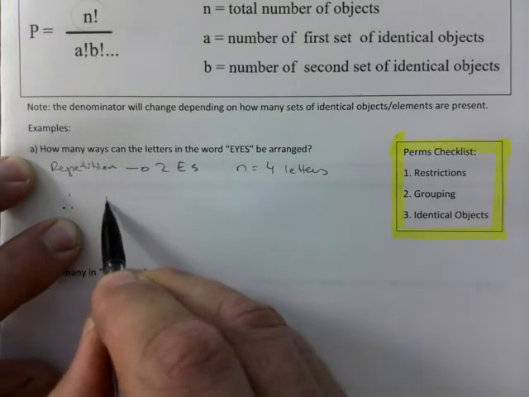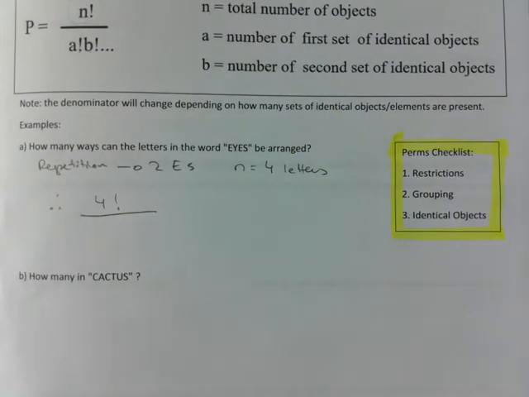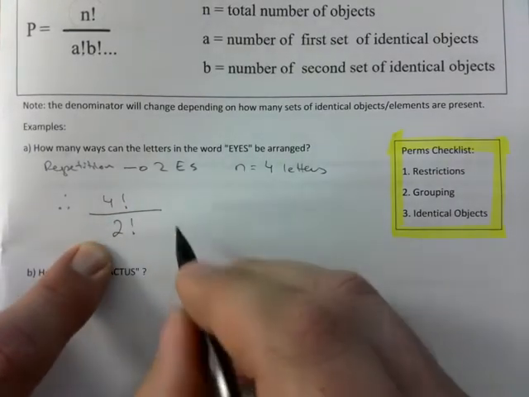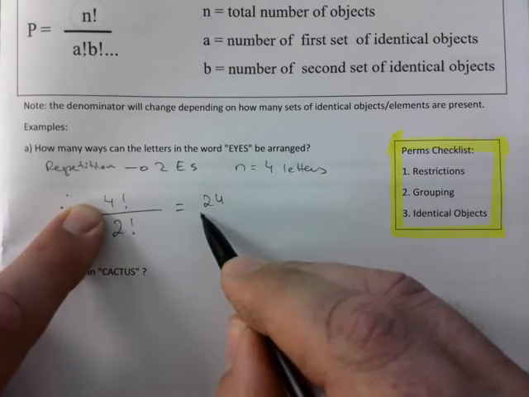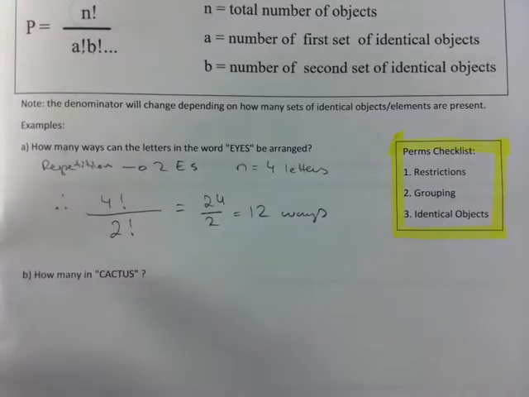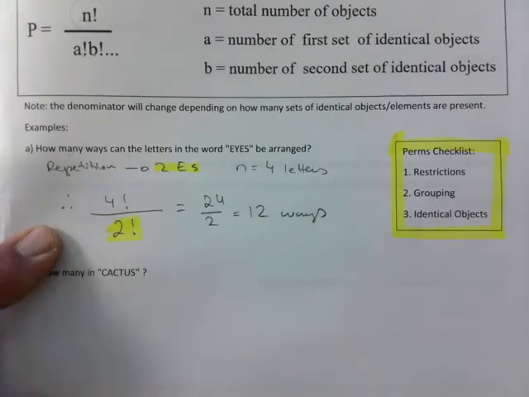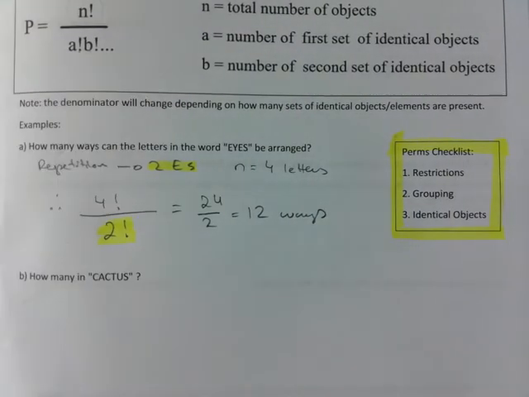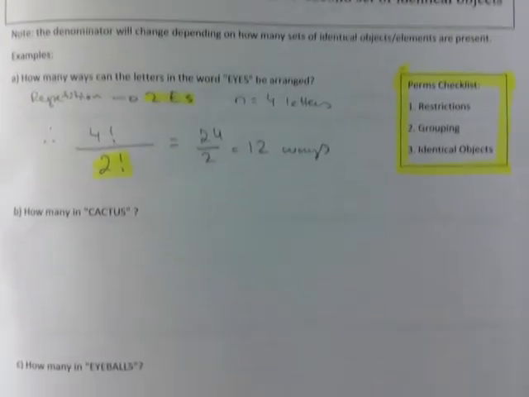Therefore there are 4 factorial ways of arranging those letters, but we have 2 E's, so we're not going to count those as part of our calculation. 4 factorial is 24, 2 factorial is 2, so 12 ways. I will highlight the E's and highlight the 2 down here. It sticks out when you flip through your notes and you're studying. It's like, oh yeah, I remember that. Because you all study, right?